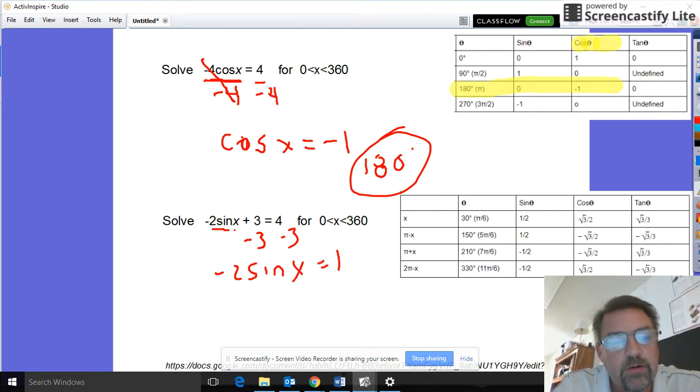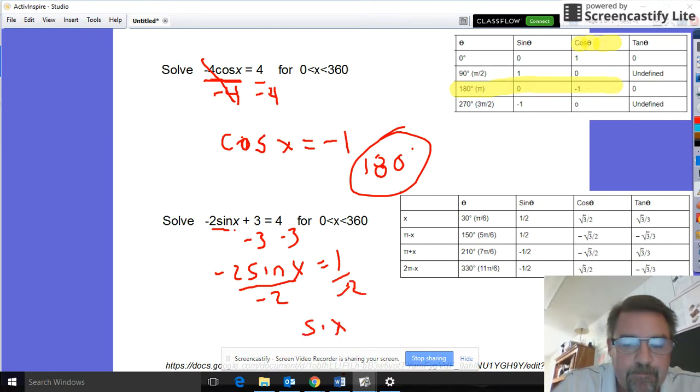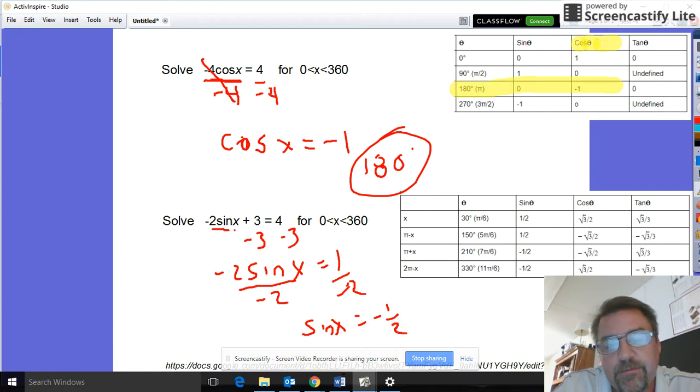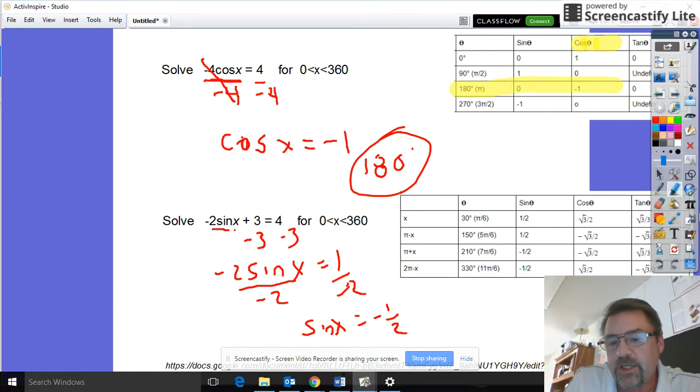Now you're multiplying by a -2, so you want to divide by a -2. So sine x equals -1/2.